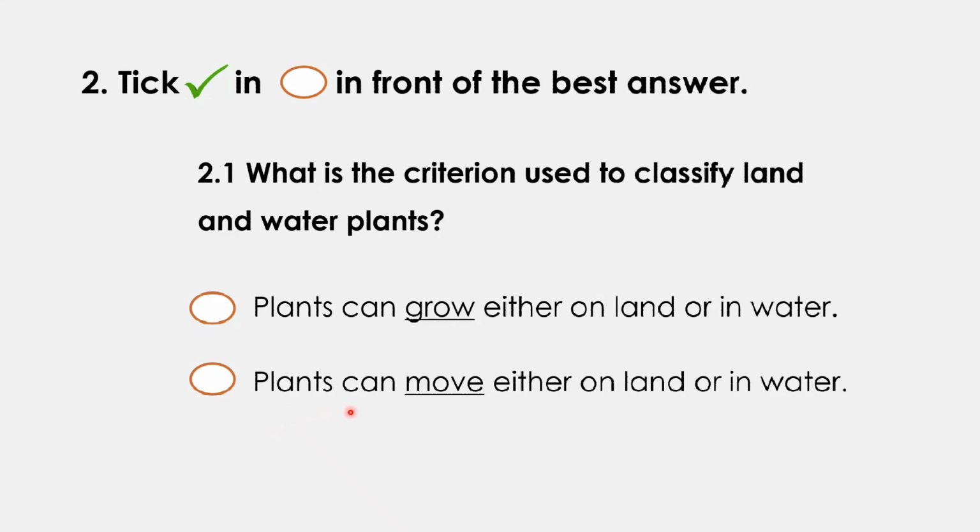Next, plants can move either on land or in the water. Class, if you take a look at this word either, meaning it can grow just in land and it can grow just in water. What is the best criterion when we classify land from water plants? You have to choose now the correct answer. You have to check only one circle, alright?